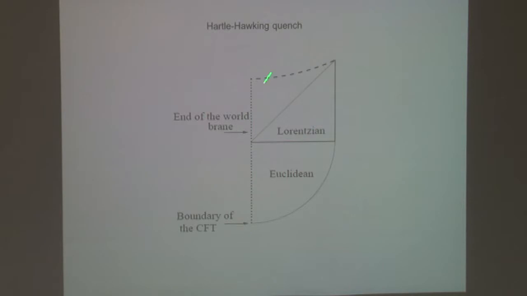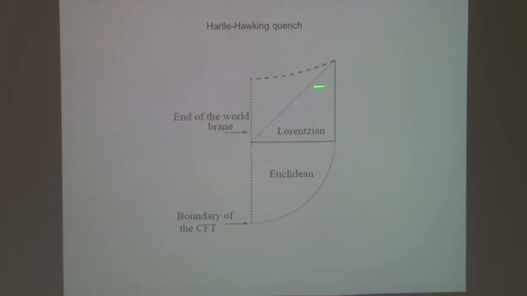But in Maldacena's paper in 2002 on the eternal black hole, as well as in the Maldacena-Hartman paper, it was shown that you can put an end of the world brane right down the middle of that diagram.